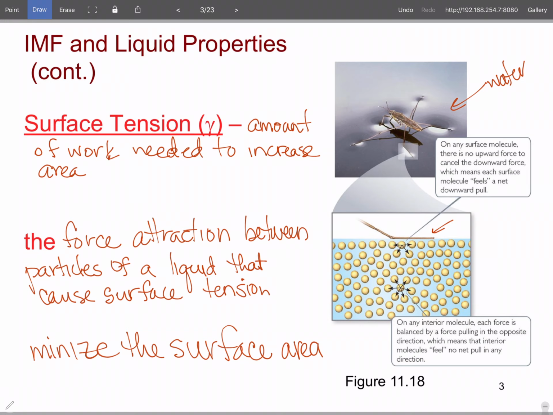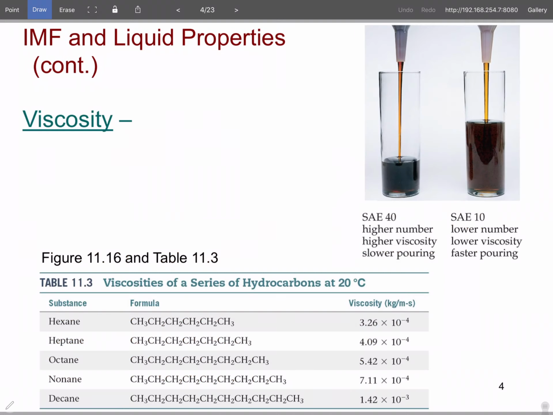Now, there are a variety of ways to mess up the surface tension of the water. One of the best ones is just adding soap. And you can see that it messes up surface tension really well.